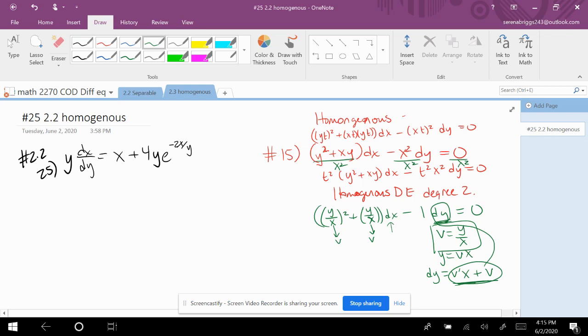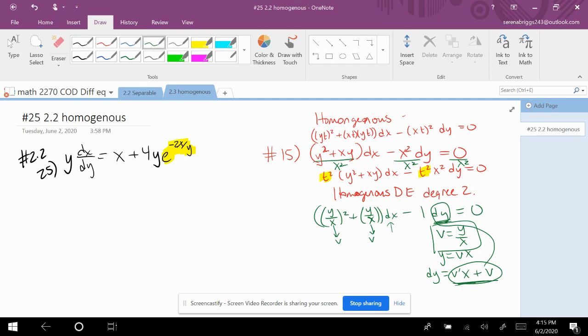Now, problem number 25 is not a homogeneous differential equation, and that's because of this exponential here. It isn't going to be the case that if you nested in xt where you see x and yt where you see y, it's going to simplify to a t that can be removed. So it is not homogeneous, but that doesn't mean you can't solve it with a substitution.